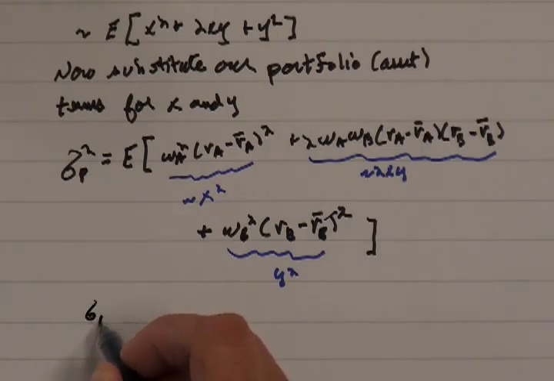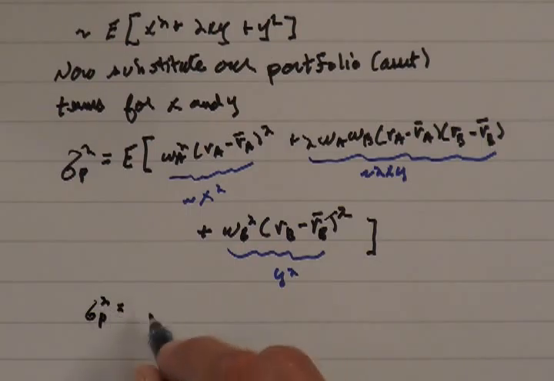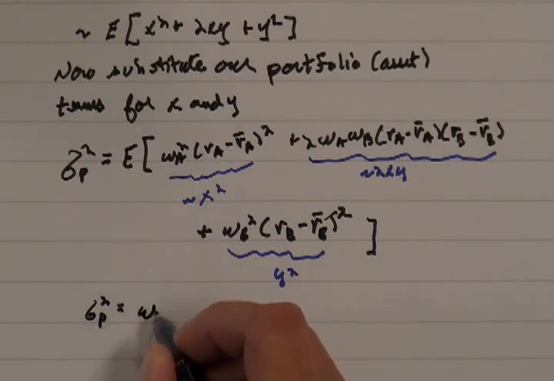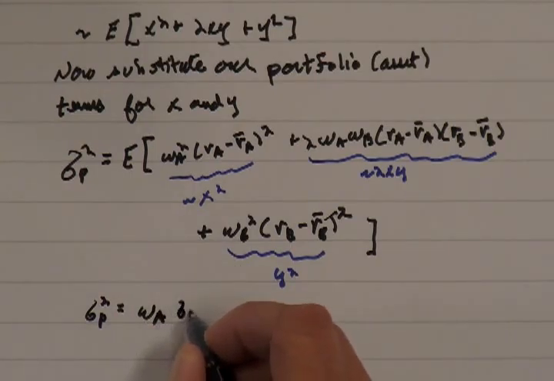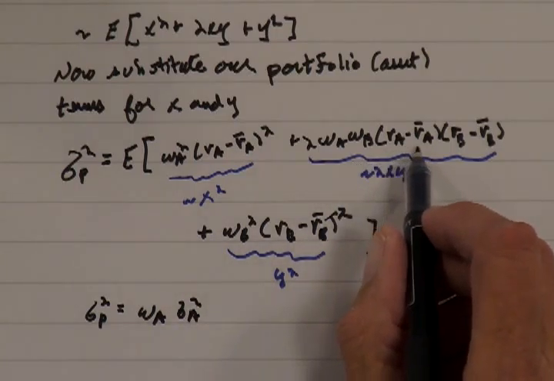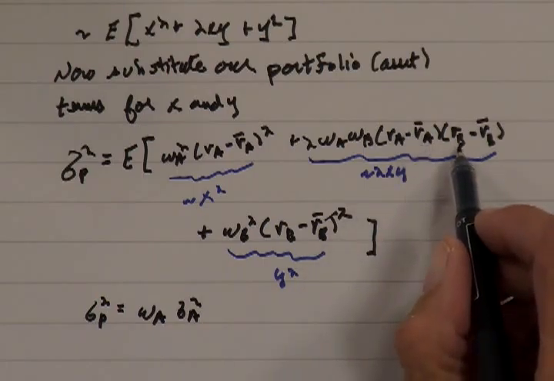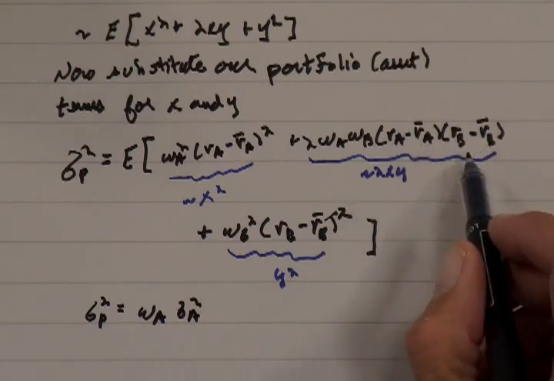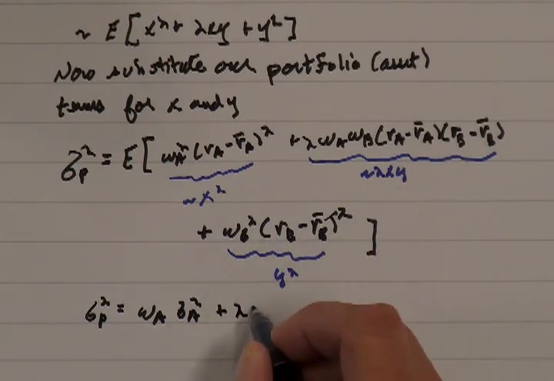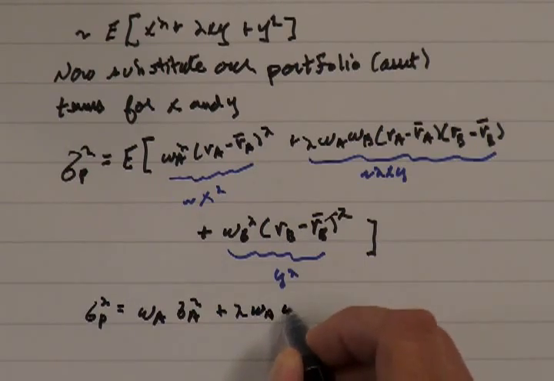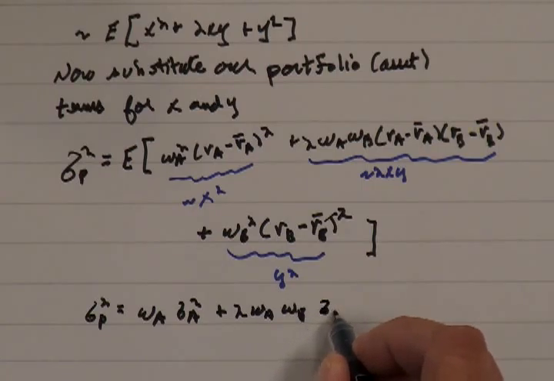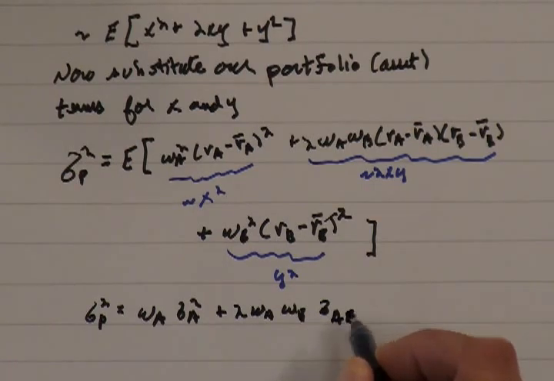So sigma p squared equals WA squared sigma A squared, plus, for the second term, RA minus R bar A times RB minus R bar B, which is just our covariance, 2 WA WB sigma AB, that's the covariance there.